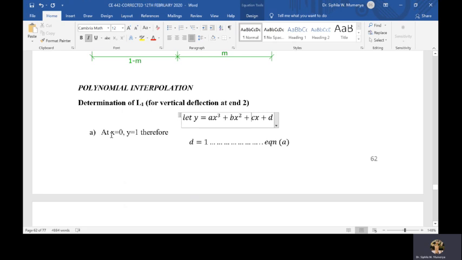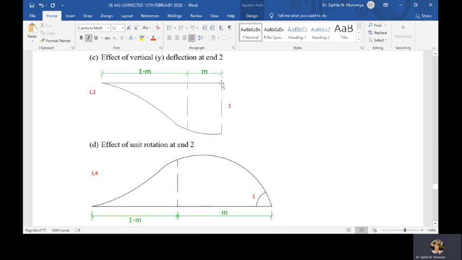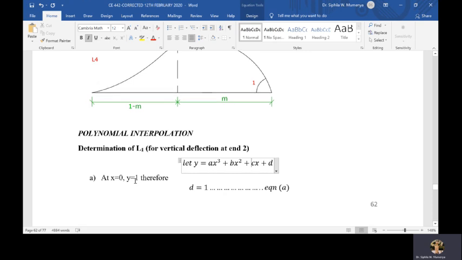We know that at x equal to 0, if we are taking our 0 from node 2, when x is equal to 0, y is equal to 1, okay? So if we apply that assumed expression, when x is equal to 0, we plug in 0 where x is.